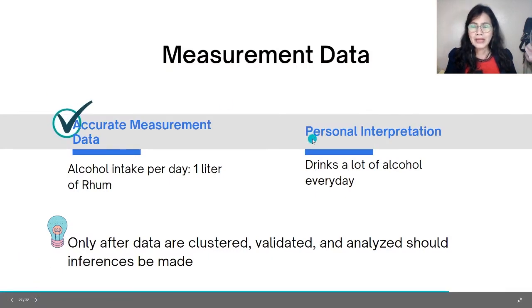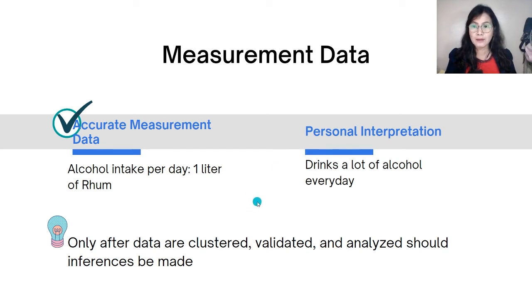Only after data are clustered, validated, and analyzed should you make an inference. Let's have an example of accurate measurement data versus one's personal interpretation. As I mentioned a while ago, accurate measurement is necessary rather than providing personal interpretation. For example, alcohol intake per day is 1 liter of rum.